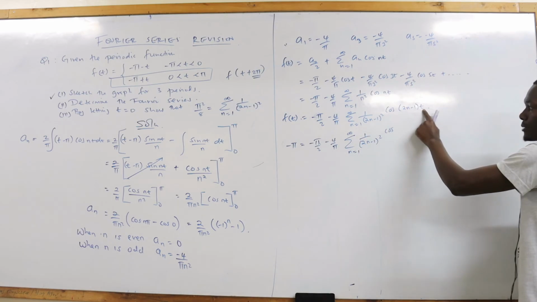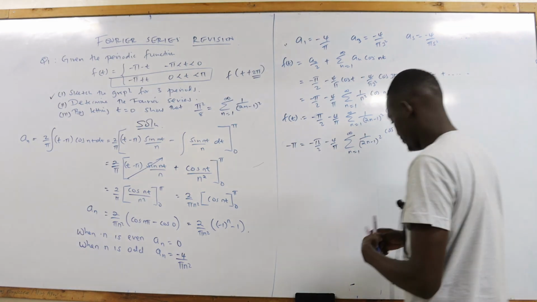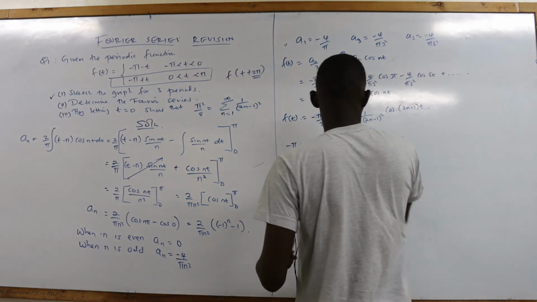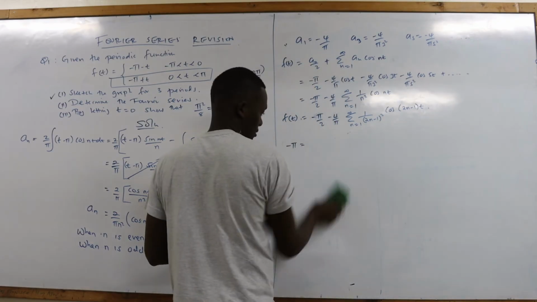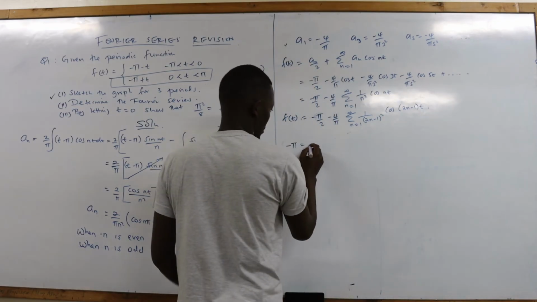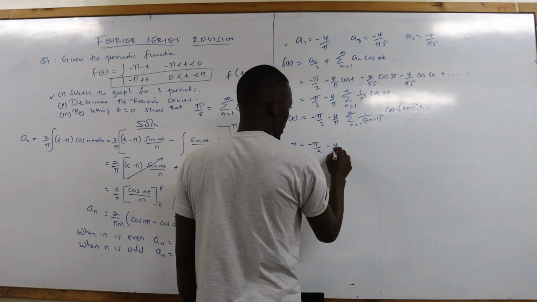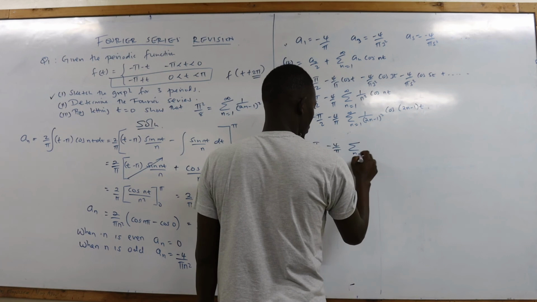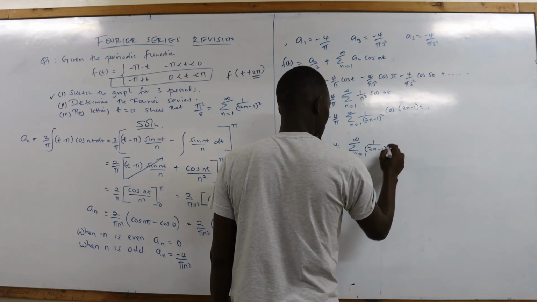Now I replace a 0 here also, because remember we are setting the value of t to be zero. Let me write this correctly. So I'll have negative pi over 2 minus 4 over pi summation n equals 1 up to infinity 1 over 2n minus 1 squared.